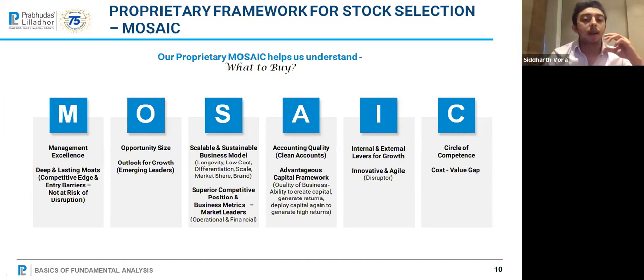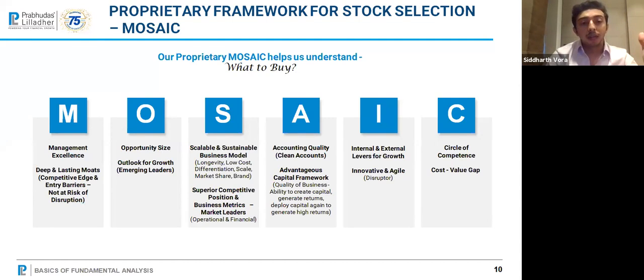The same concept applies in the investment industry, where if a few important points in a business are tying in together, we can find a really nice long-term sustainable investment opportunity. So in MOSAIC, we have divided every letter into 2 factors. Management excellence for M, and moats is the second one.